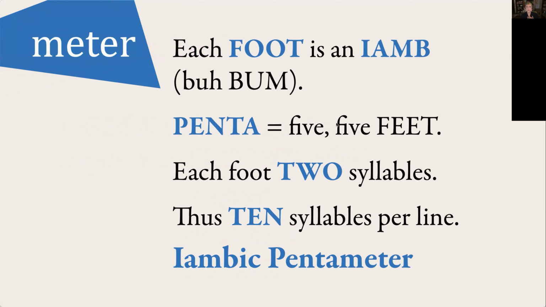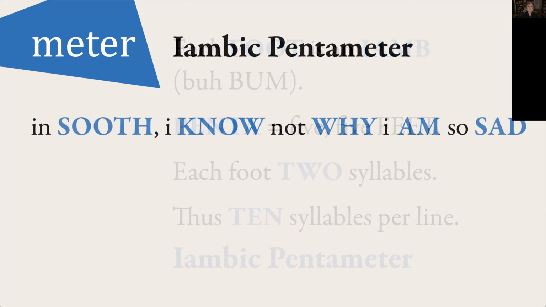Penta means 5. Each foot has 2 syllables. Thus, there are 10 syllables per line. So the meter is 5 iambs. This is the basic rhythm; 72% of Shakespeare's lines in the entire canon are using this underneath.